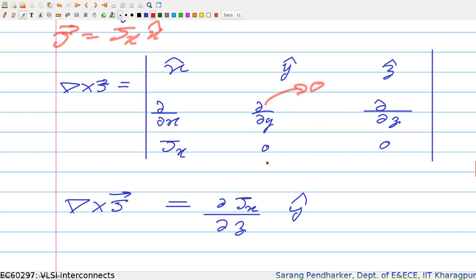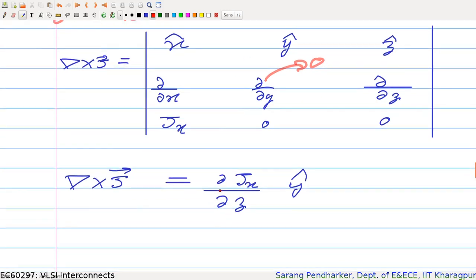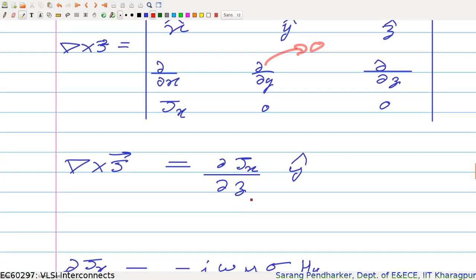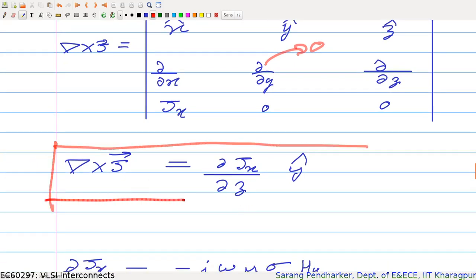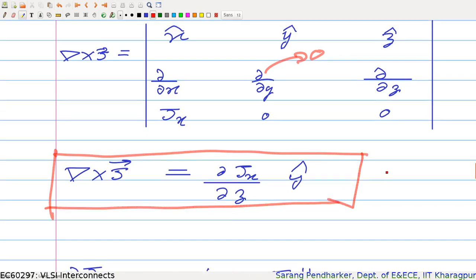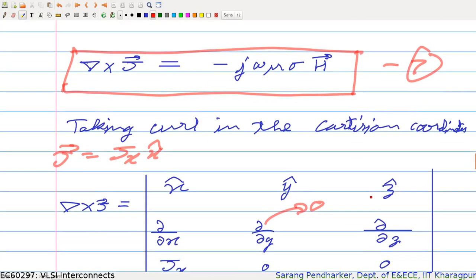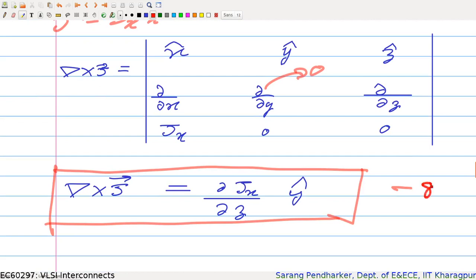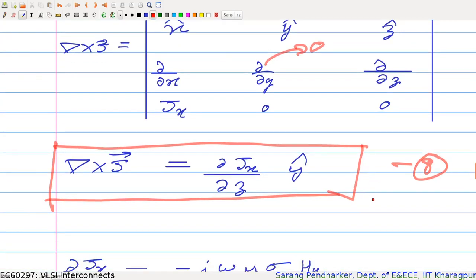If I am looking in the y direction, then this is 0 minus, and there is a minus sign also here, so I will finally get del Jx by del z. This would be my curl, numbered as 8.